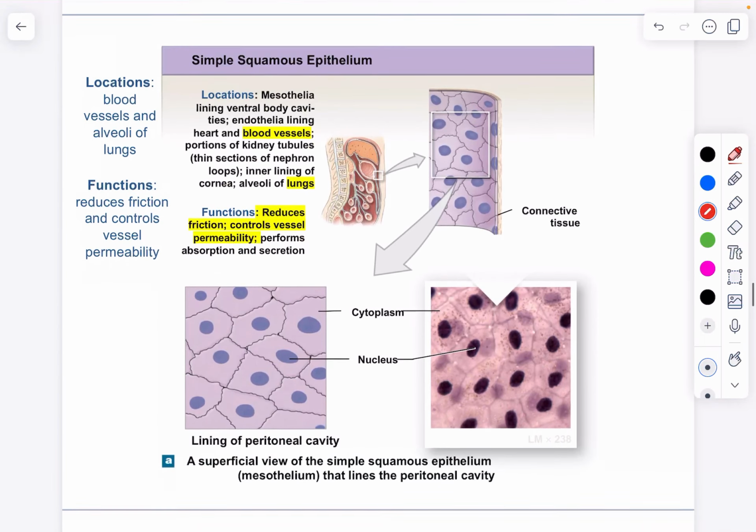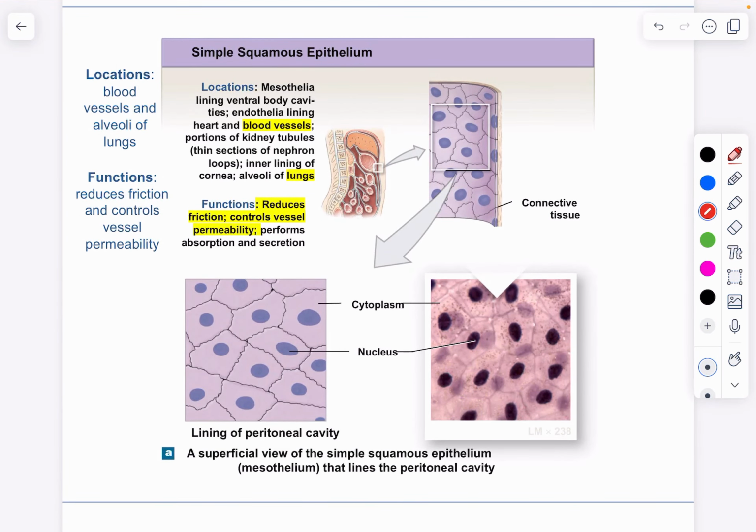The way I have set up my slides is I've taken this image straight out of the Martini textbook. What these images do is give you locations where you can find the specific type of epithelium. It gives you functions, and then it shows you what it looks like in cartoon style along with the real histology.